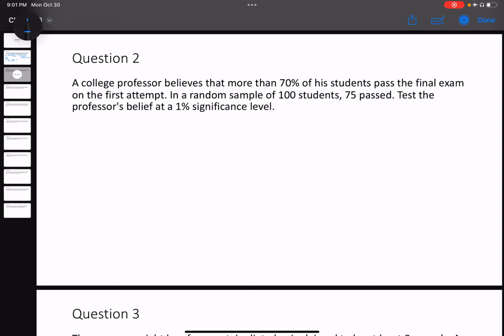So again, here we define null hypothesis and alternative hypothesis. The proportion that pass the final exam on the first attempt is equal to 0.7, and the alternative hypothesis based on the professor's belief is more than 70%.